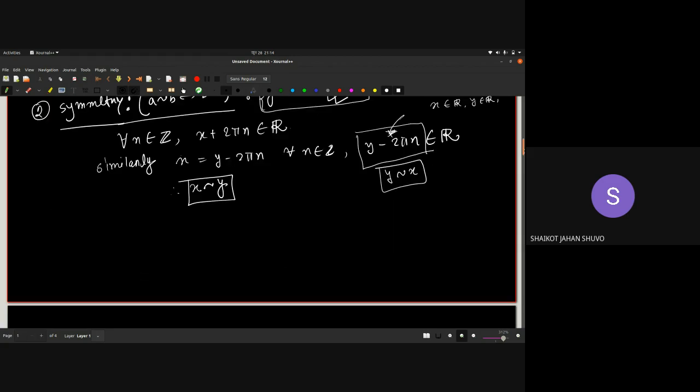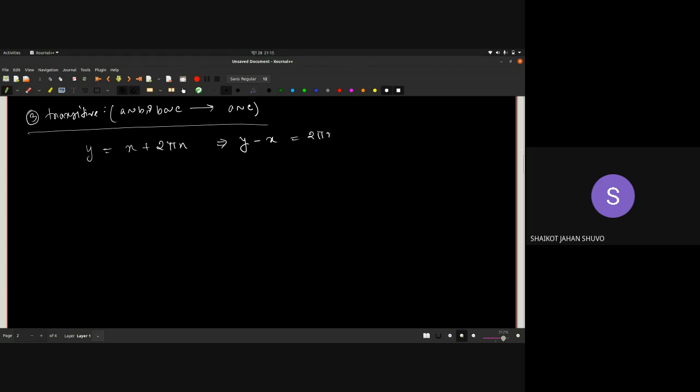And the third one is pretty straightforward. It's called transitive. If you recall, if A is equivalent to B and B is equivalent to C, then that will imply that A is equivalent to C. So to prove the transitive property, we again start with this relation 2 pi n, and from here you can see that y minus x is just 2 pi n.